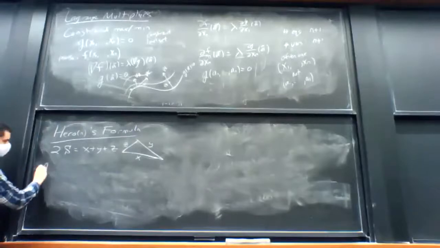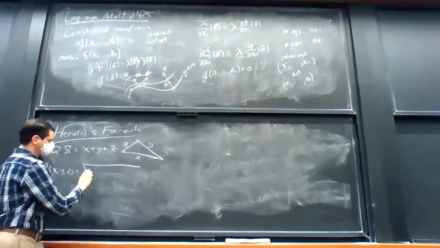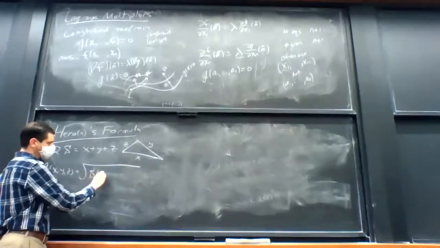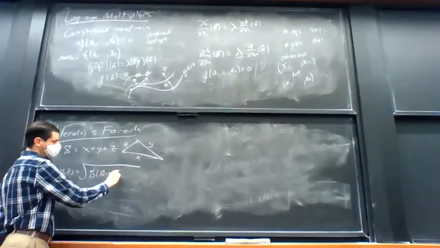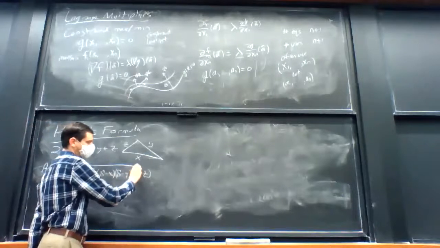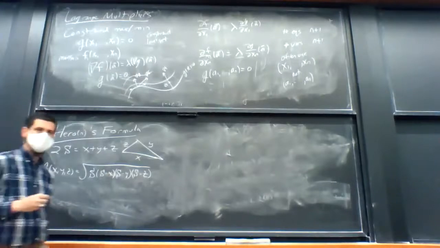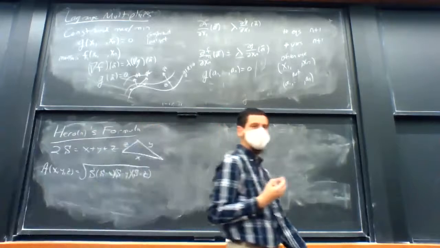The area, as a function of x, y, and z, is the square root of s minus x, times s minus y, times s minus z, times s. And I could ask, given a fixed semi-perimeter, what triangle has the largest area? What do you think the answer is going to be?